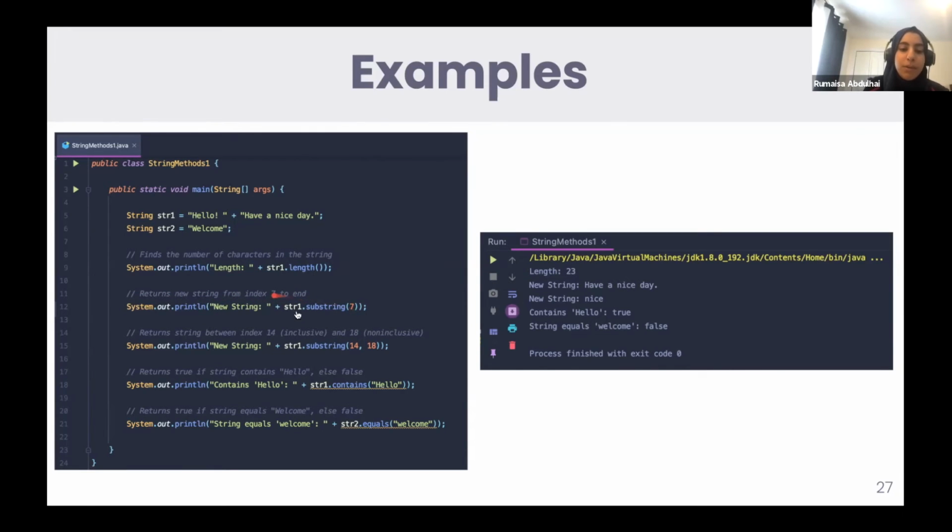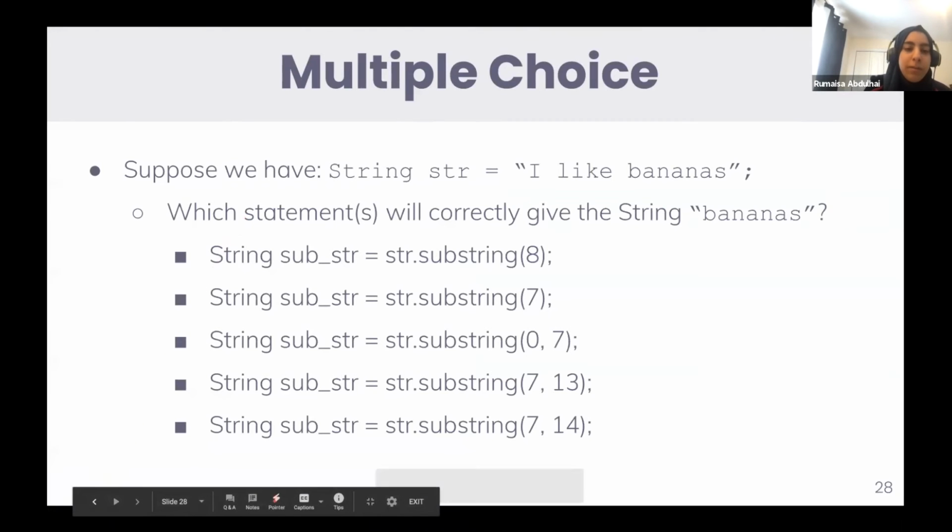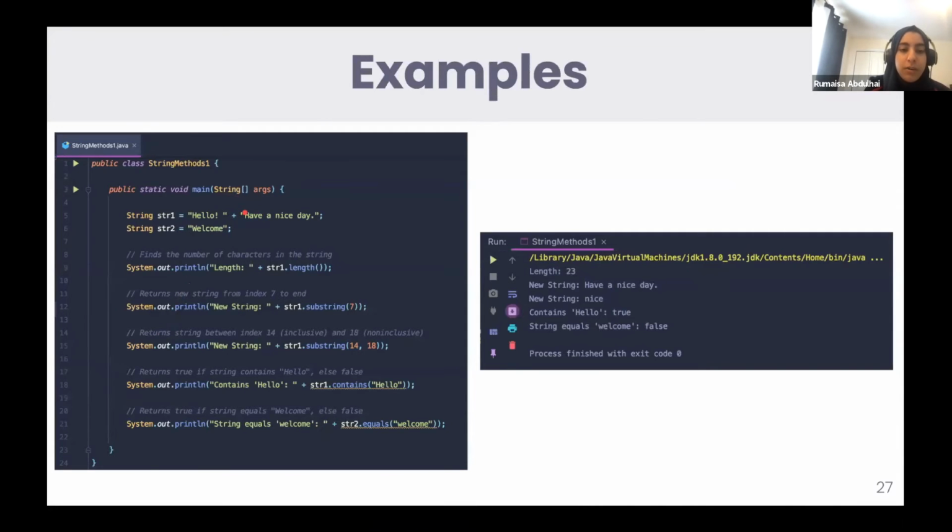For example, if we have string1.substring 7, we can count all the way to the 7th index. So 0, 1, 2, 3, 4, 5, 6, 7. So it will start from this letter H, and it'll go all the way to the end. So have a nice day should be the new string.